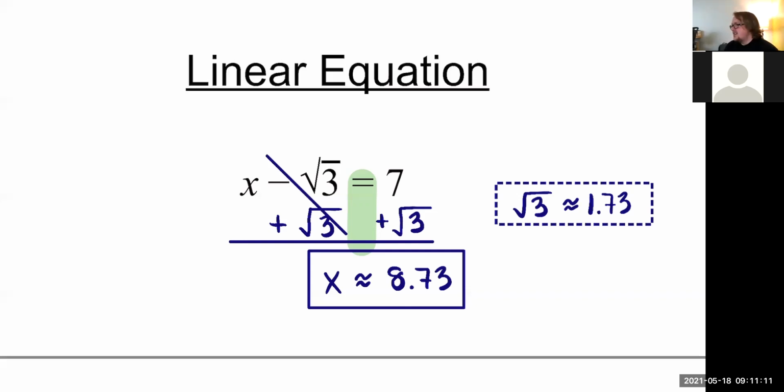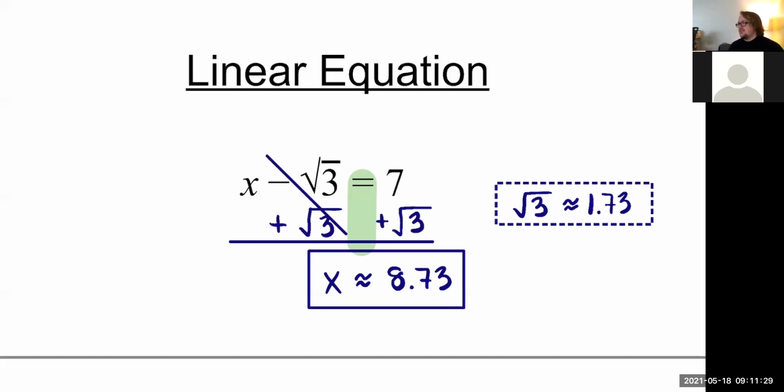Now, it's not exact. In order to work with exact, you'll learn more of that in Algebra 2, how to have values that have both a constant part and a radical piece, which still contains then the exact value.